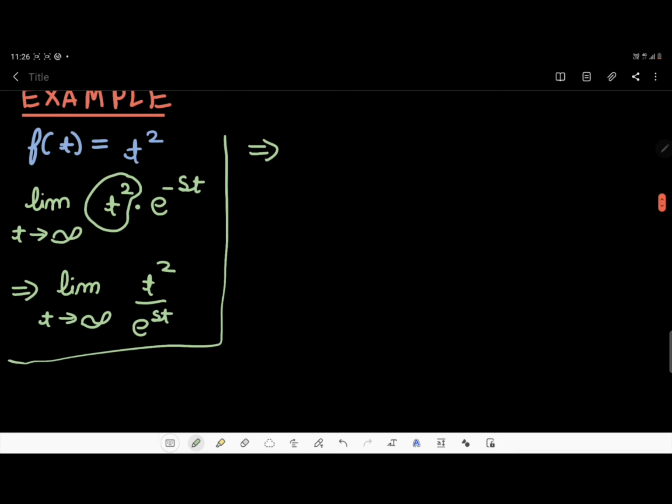Now you can observe that this is in the form of infinity over infinity, right? We can use L'Hopital's rule for this. How to apply it: differentiating numerator and denominator both. So it will be 2t upon e raised to power st into s, and the limit is the same, t approaches infinity.